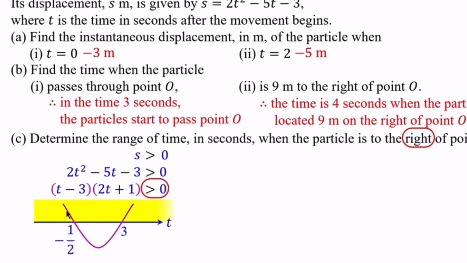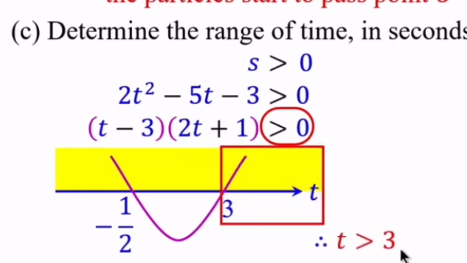That means the time should be more than 3. For the time which is less than negative half, we will ignore because logically we don't have negative range of the time. So the time should be more than 3. Alright, so we must know how to apply the time, which is always positive.